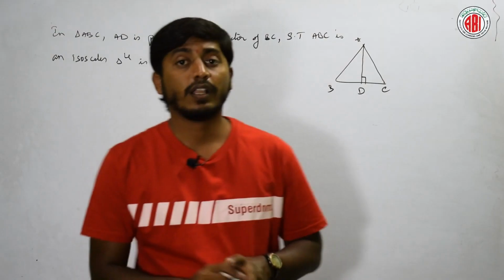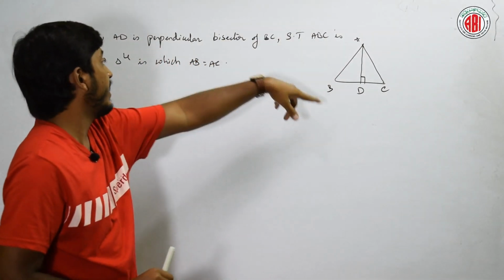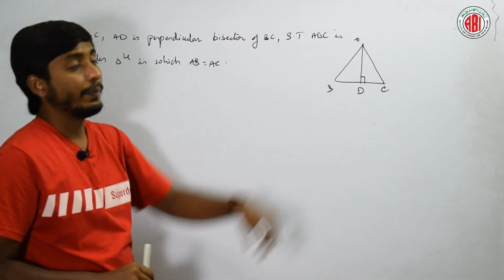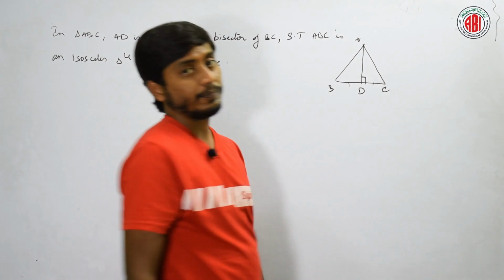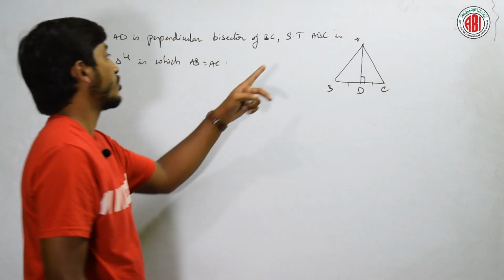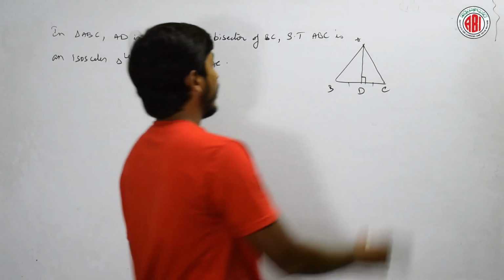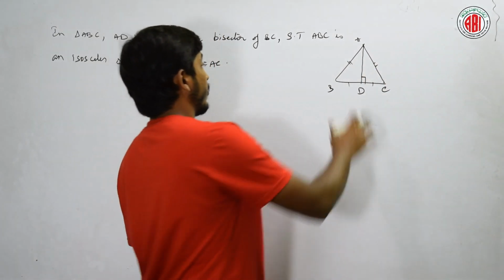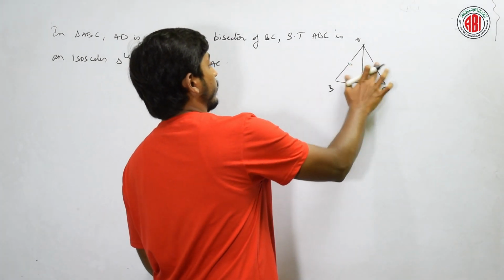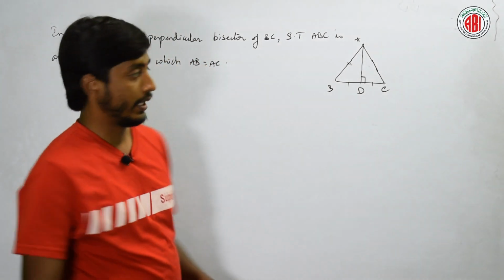Let's do. Look at the question here. He gave a triangle ABC, AD is the perpendicular bisector of BC. Perpendicular bisector means BD equal to DC. Clear? And the next, show that ABC is isosceles, that is, AB equal to AC. Okay. He gave that this is equal to, in which we have to prove this. Okay. Yes or no? Let us do it. How do we do?